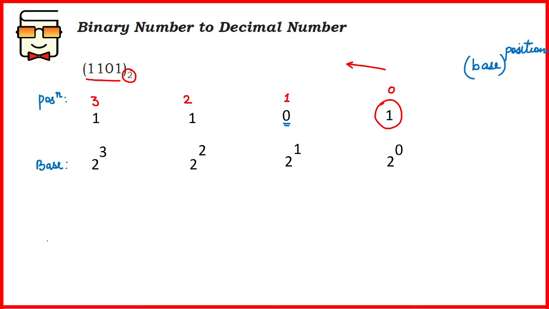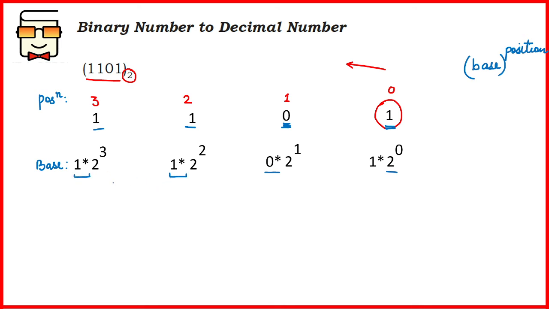Now the next step is multiplying each of these values with the character that is present itself. Here the digit that is present is 1, so we'll multiply 1 into 2 raised to power 0. Here the digit that is itself present is 0, so we have multiplied 0 here. Similarly, both these digits are 1, so we have multiplied 1 in both of them.